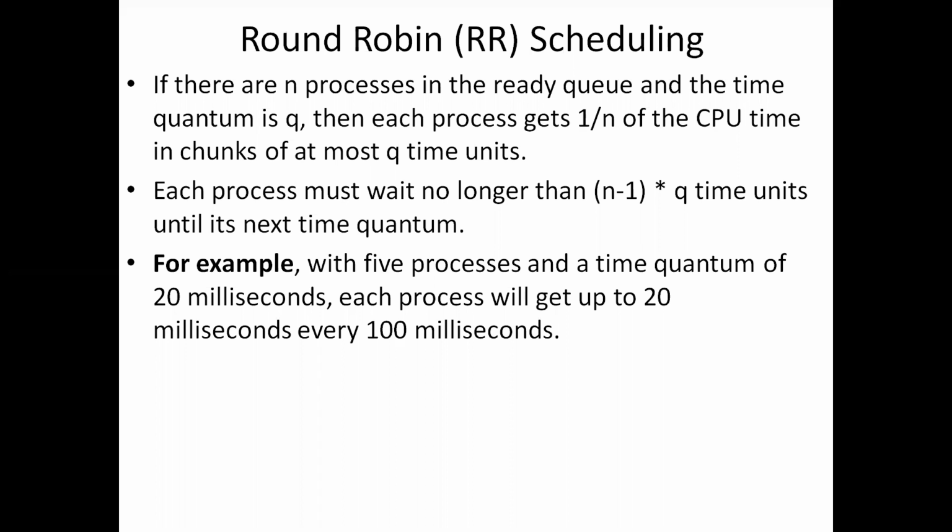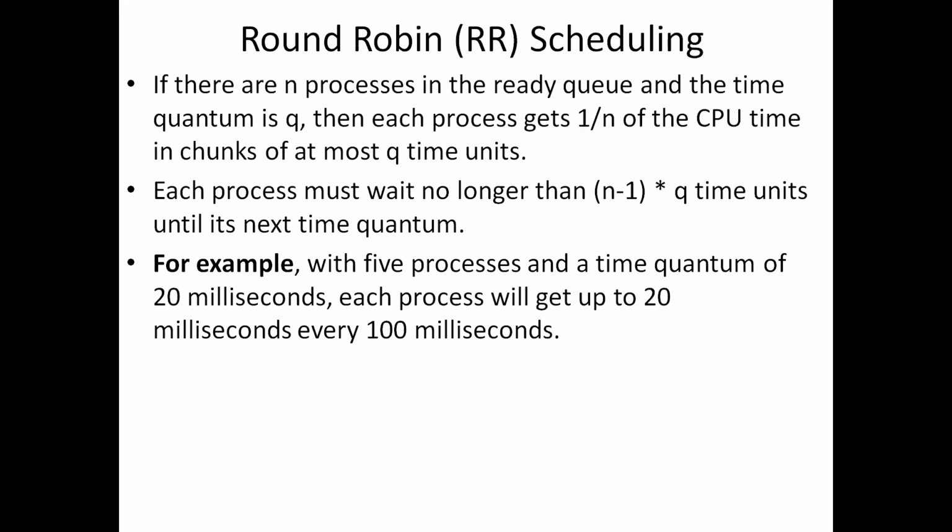What is the size of the chunks? The chunks are at most q time units. Each chunk will be the length of the quantum, which is defined as q here.